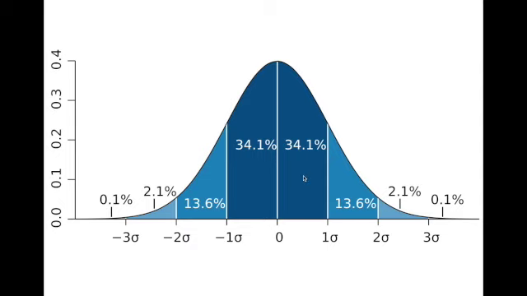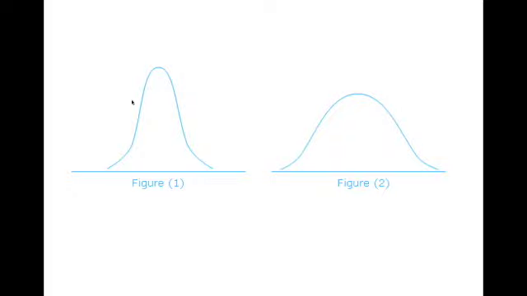If I'm 0.5 sigma below the average, I'm going to be here. So you can have a distribution like that. That would be a low sigma. With a low sigma, people tend to be closer to the average.